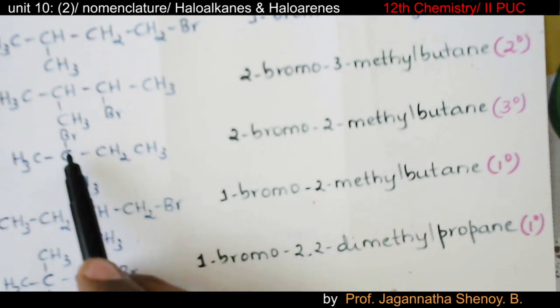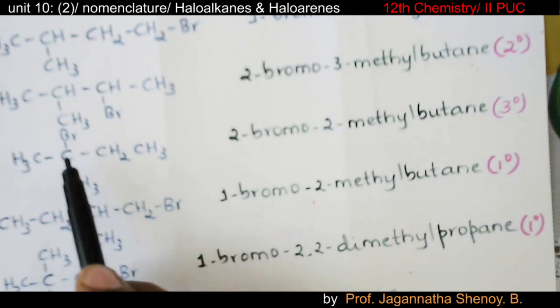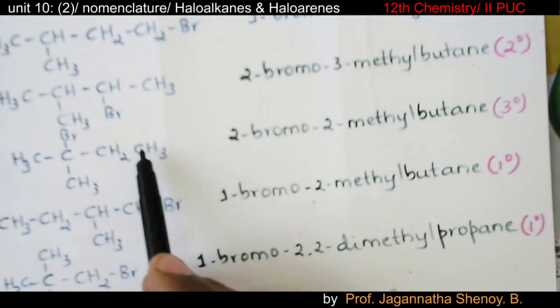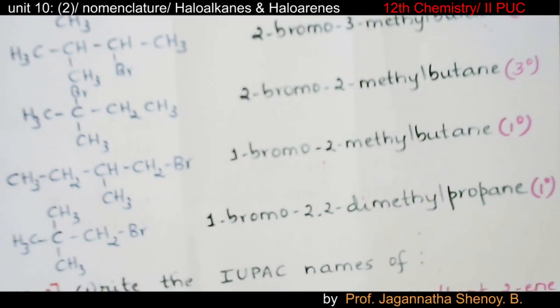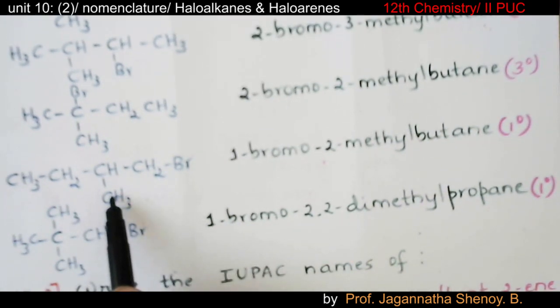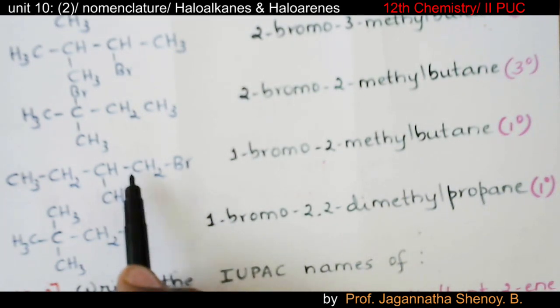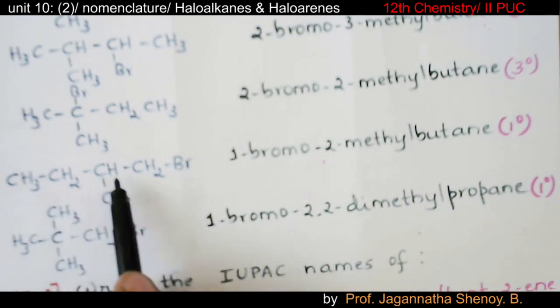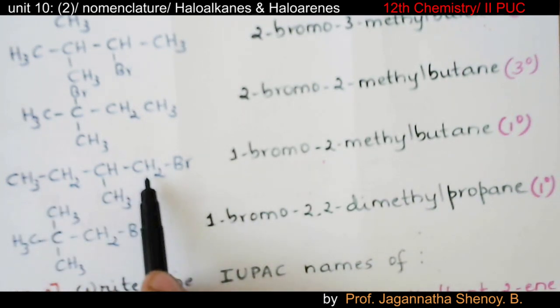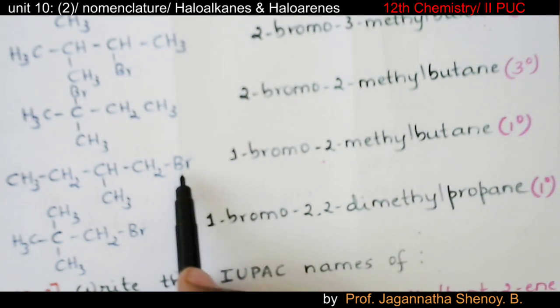So the IUPAC name of this compound would be 2-bromo-2-methylbutane. This is a tertiary alkyl halide. Now, I'll shift the position of the methyl group here. I've shifted it towards the right. So what's the name of this compound? 1-bromo-2-methylbutane.